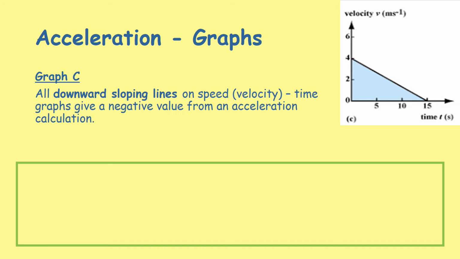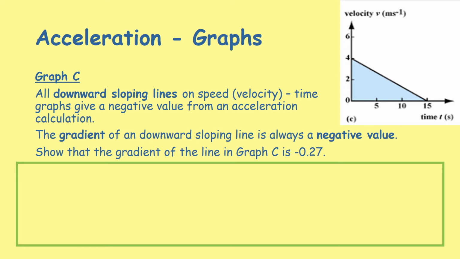Graph C. All downward sloping lines on a speed or velocity time graph give a negative value from an acceleration calculation. The gradient of a downward sloping line is always a negative value. This time, we need to show that the gradient of the line in graph C is negative 0.27. So again, we're calculating the acceleration, and this is the number we should get. So our acceleration is where we want our question mark.